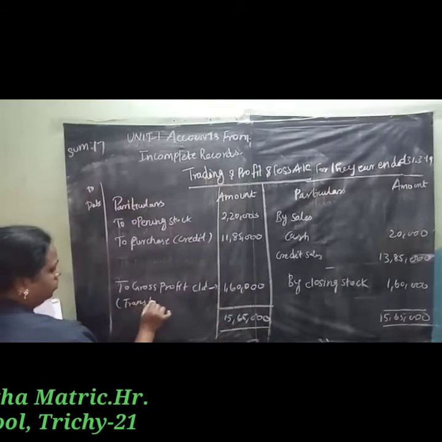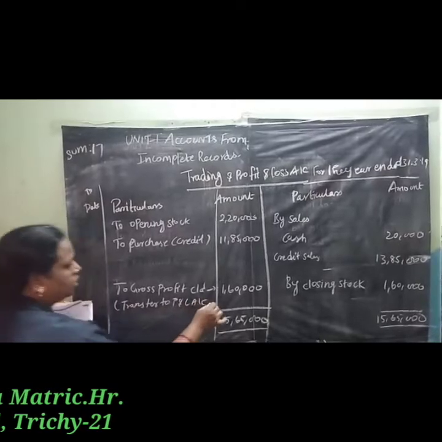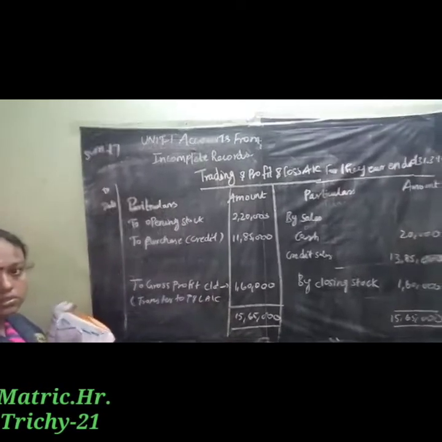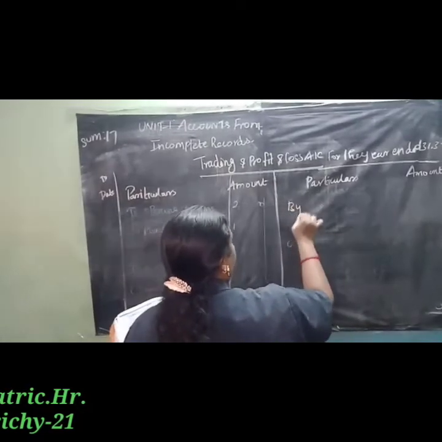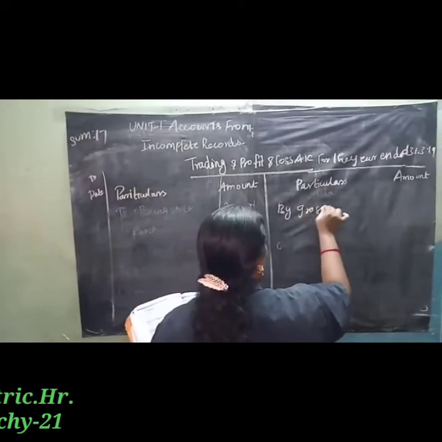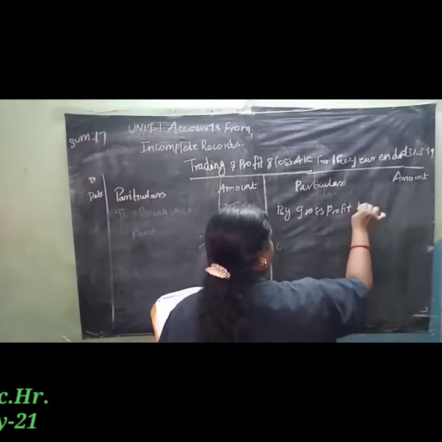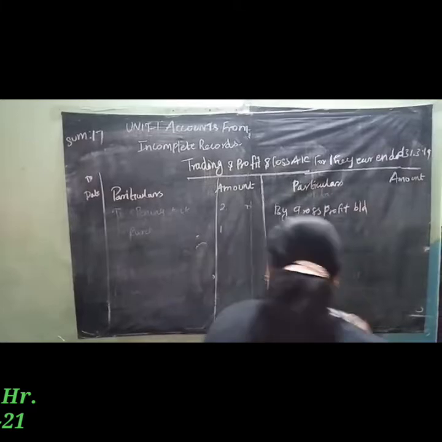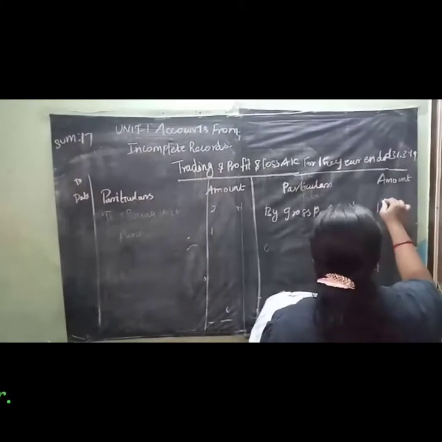Understand? Next, the profit and loss account: on the credit side, by gross profit, transfer from trading account, 1,60,000.